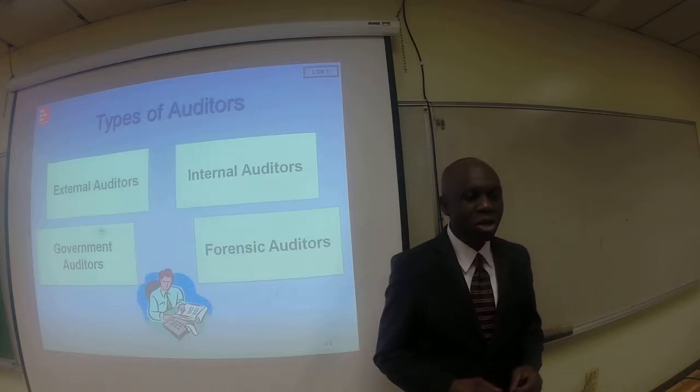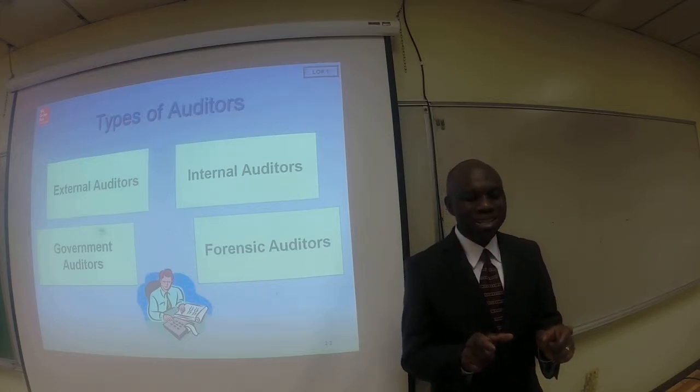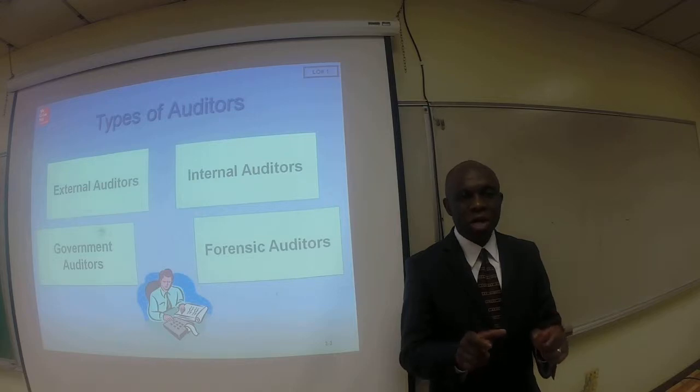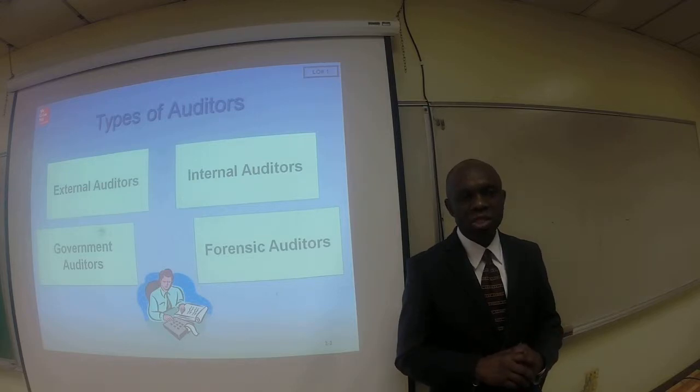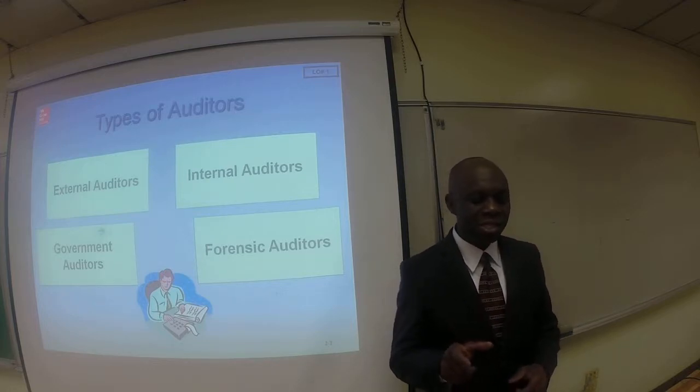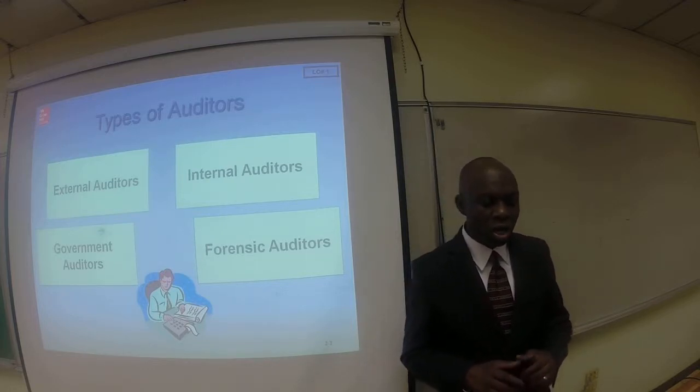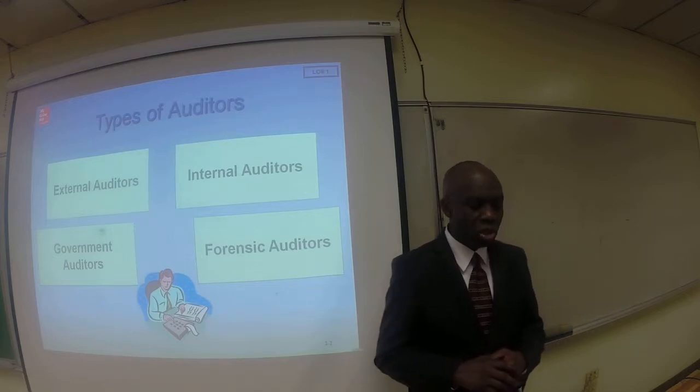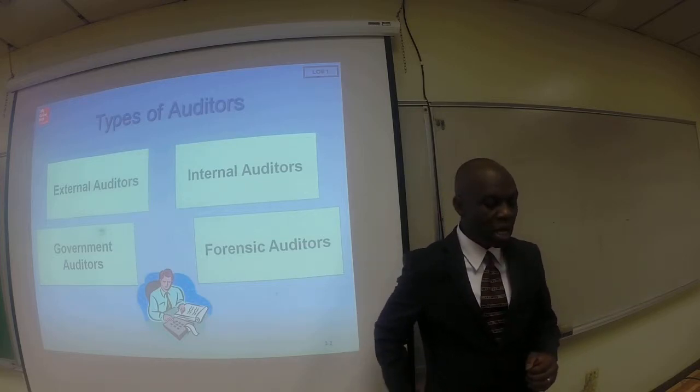There is another certification in the internal audit arena. We call it CIA, which stands for Certified Internal Auditor. This certificate zeroes in on the activities relative to internal audit.